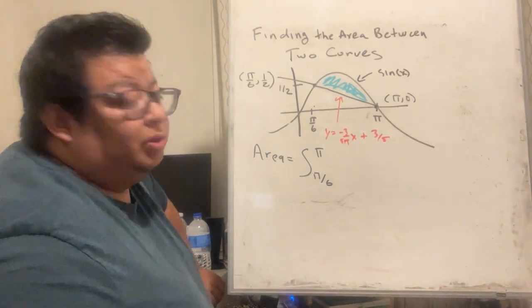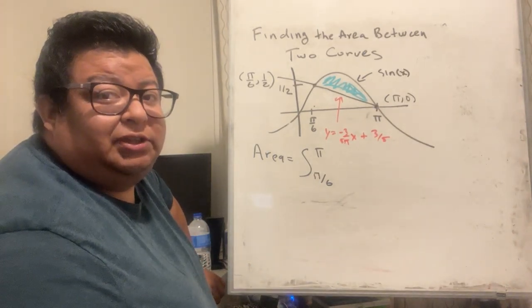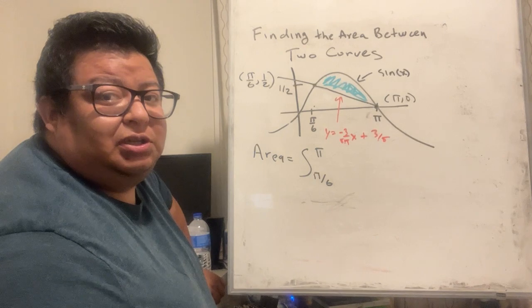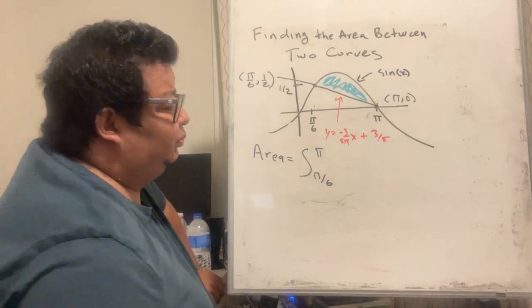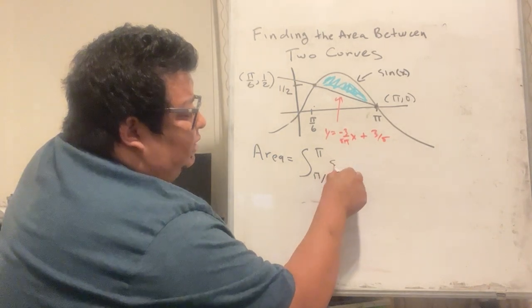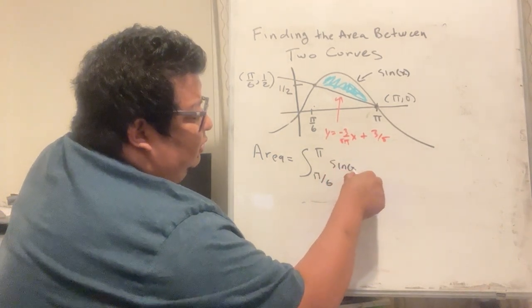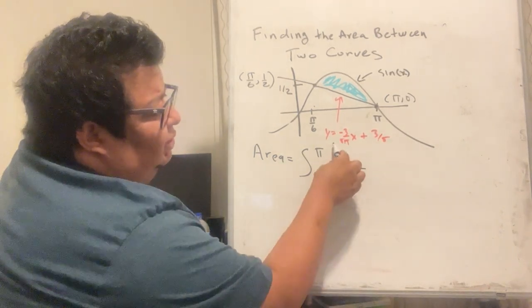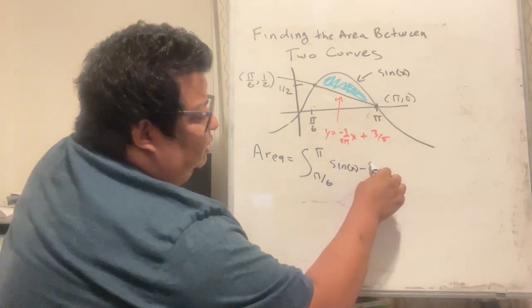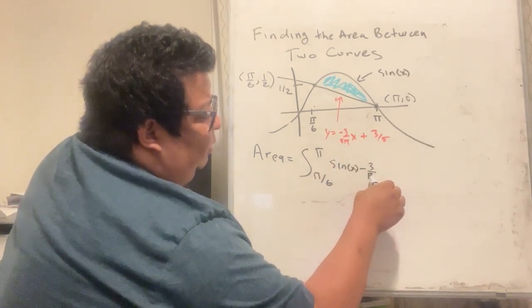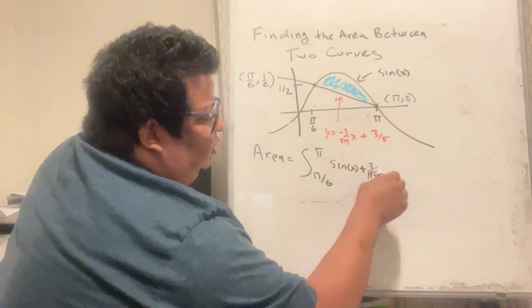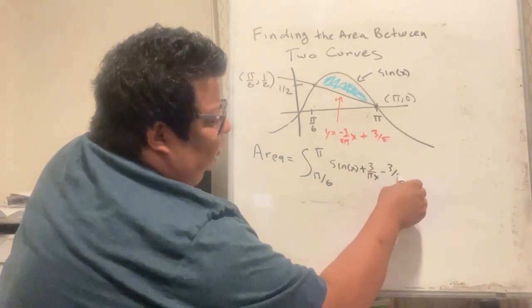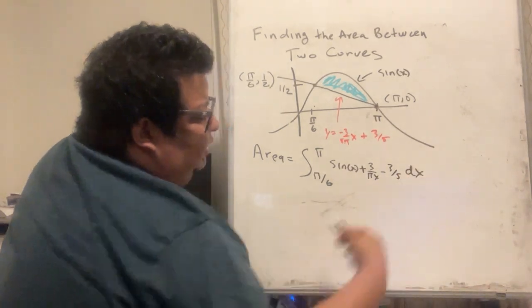In this problem we have a delta x, which means we're going to integrate with respect to x. So we have sine of x minus the line, which is negative 3 over 5 pi x. When you subtract, this becomes plus, and this becomes minus 3 over 5, dx.